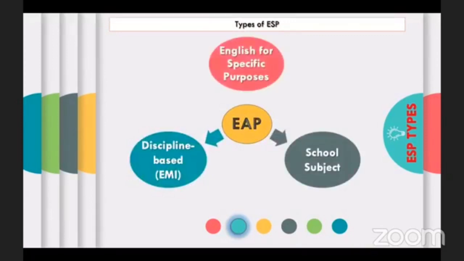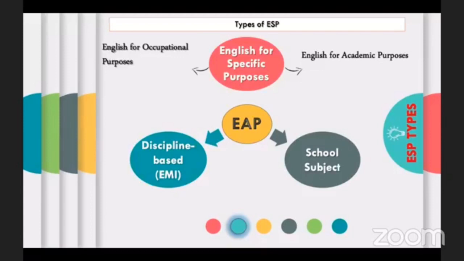Types of ESP, of course, most of you know the types of ESP: EOP, English for Occupational Purposes, and EAP, which is English for Academic Purposes. Now, EAP is divided into discipline-based, which I call EMI, or English as a medium of instruction.